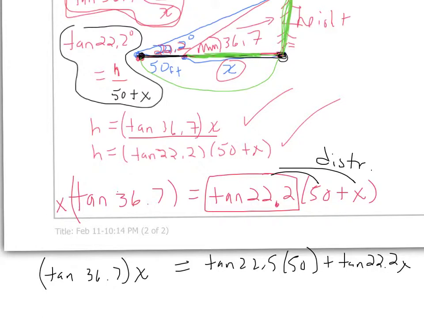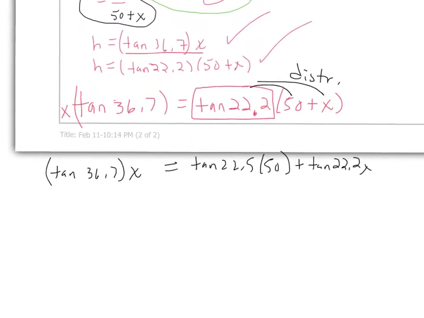And what you can do is collect all the terms that have an x on one side. So I'll scoot this on down so you can see that.